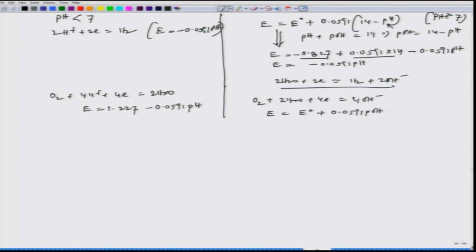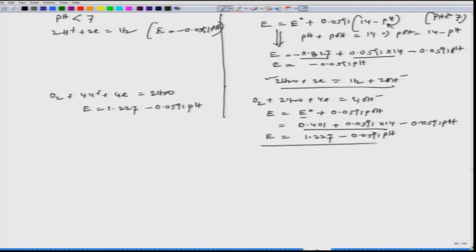If you follow the same philosophy we have used for the previous equation, then E0 would be 0.401 and then plus 0.0591 into 14 minus 0.0591 pH. So, if you add them, you would get roughly 1.227 minus 0.0591 pH. So, you have the same equation that we had for the acidic reactions.